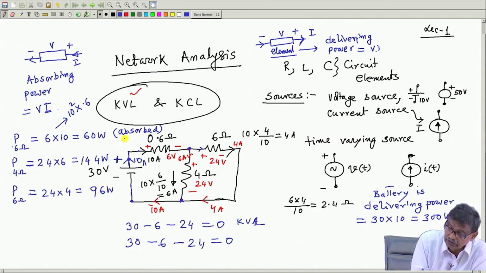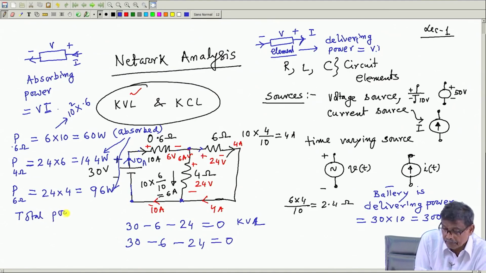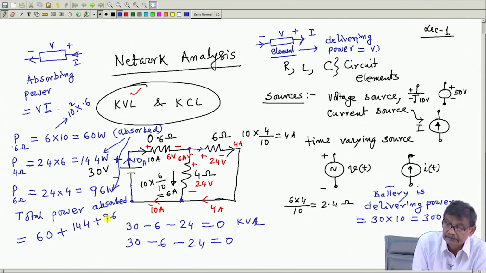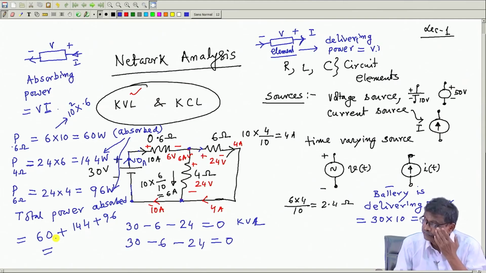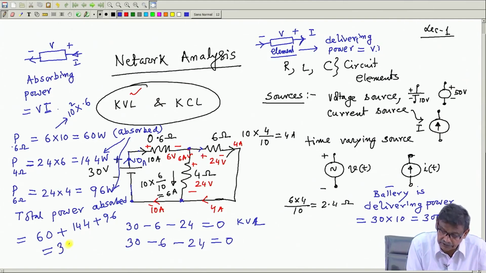So, this element also absorbs power. Total power absorbed will be equal to 60 plus 144 plus 96. If you sum this up, it is going to be equal to 300 watt.